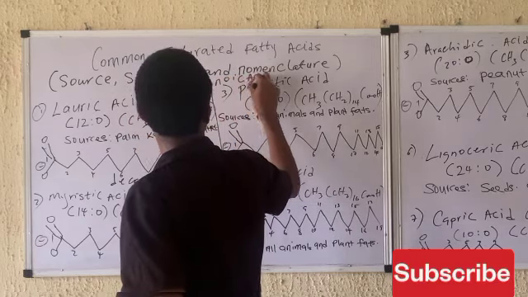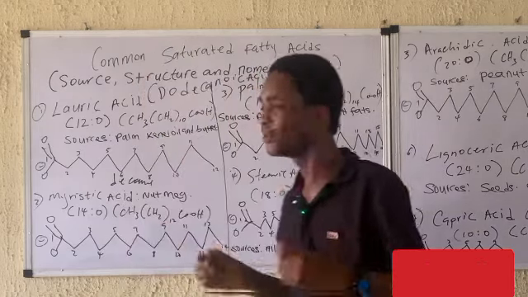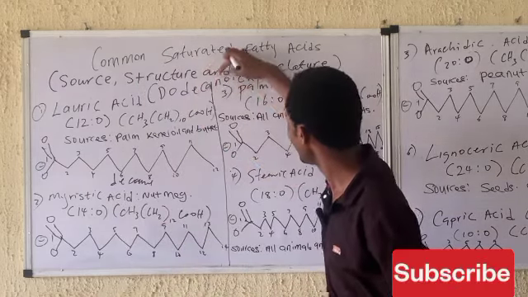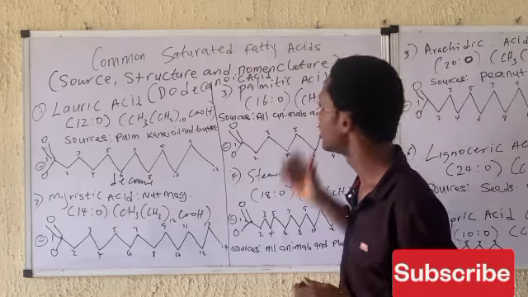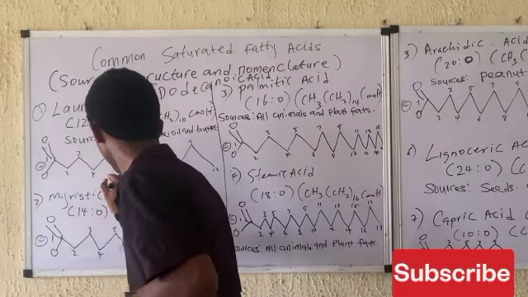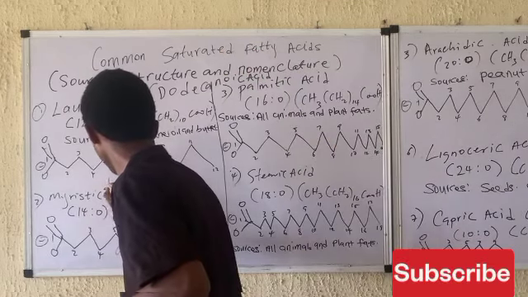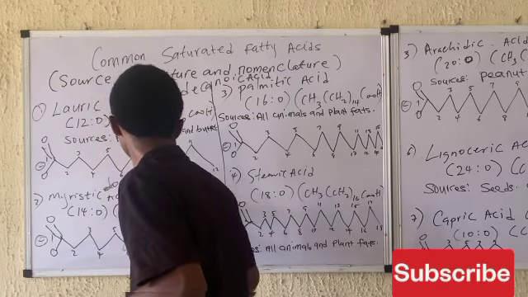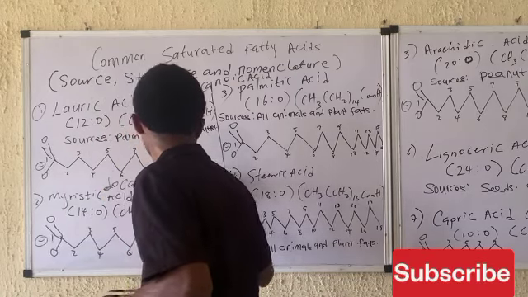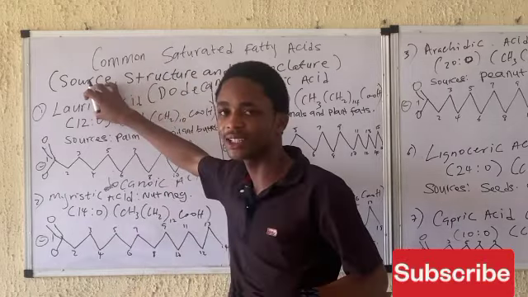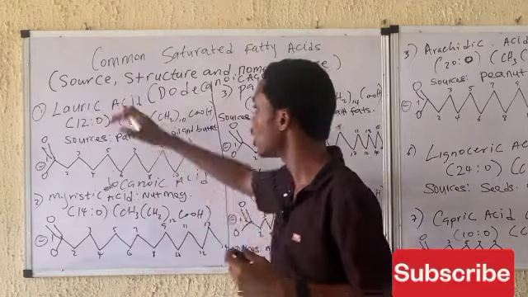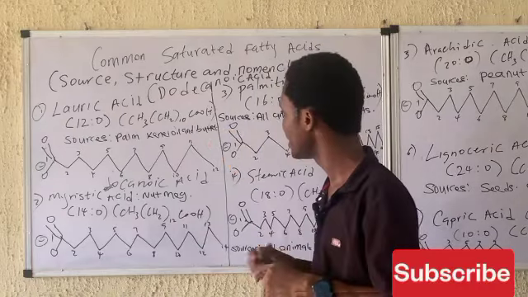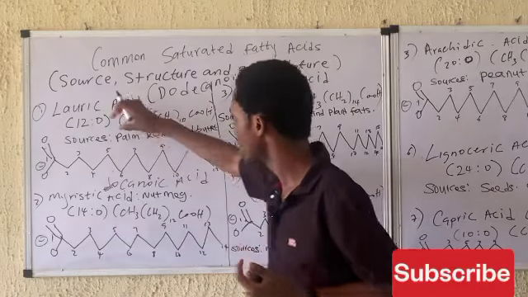Dodecanoic acid, D-E-C-A-N-O-I-C, no space. This is the IUPAC naming of lauric acid. I told you that lauric acid is the common name, as you all know, while the systematic or IUPAC naming is dodecanoic acid, because we have 12 carbons here.